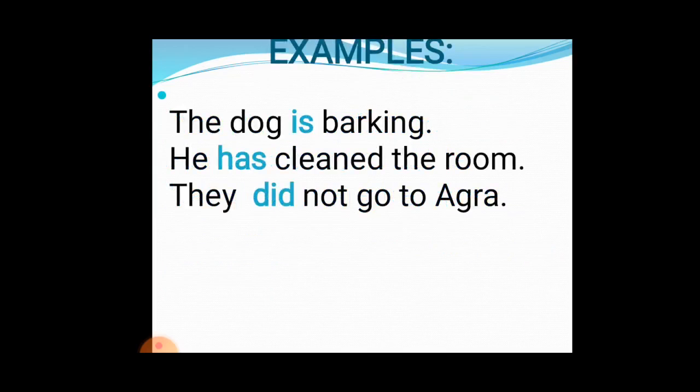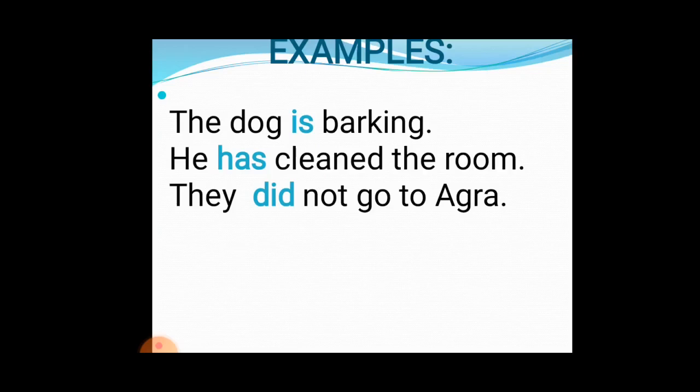The dog is barking. He has cleaned the room. They did not go to Agra. So now here in these examples you will see there are two verbs: is, and the second is barking.